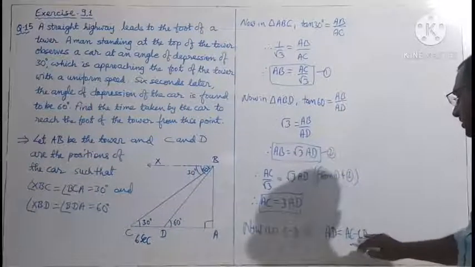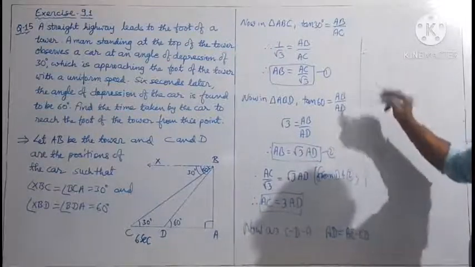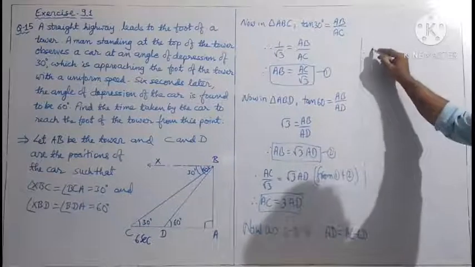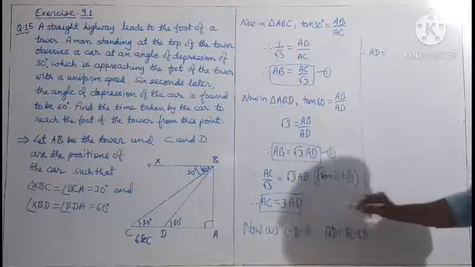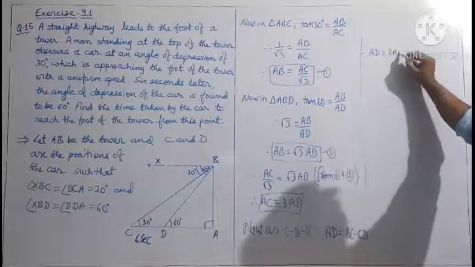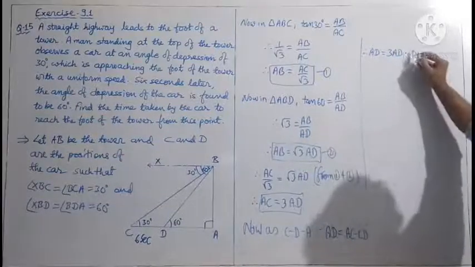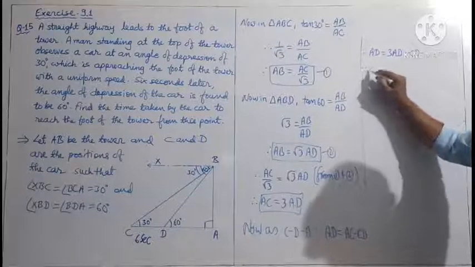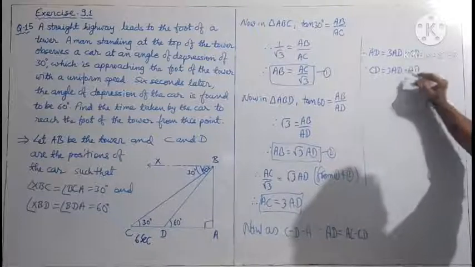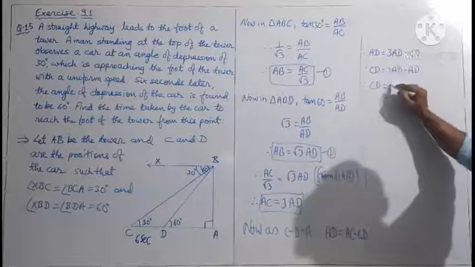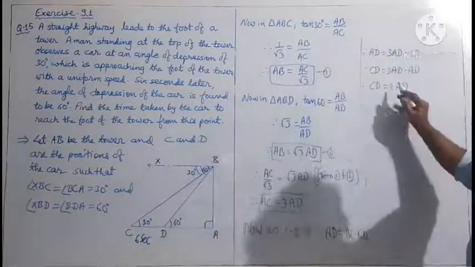AC we got in terms of AD as 3 times AD, so AD is equal to 3 times AD minus CD, and therefore CD is equal to 3 times AD minus AD, that is CD is equal to 2 times AD. So the relation between distance CD and distance AD is given here.